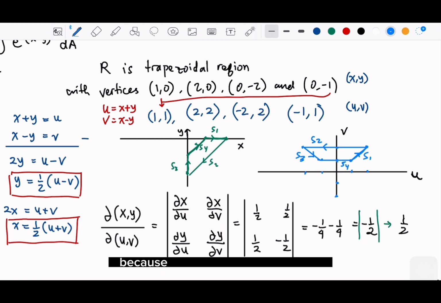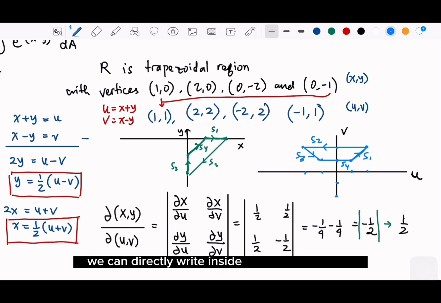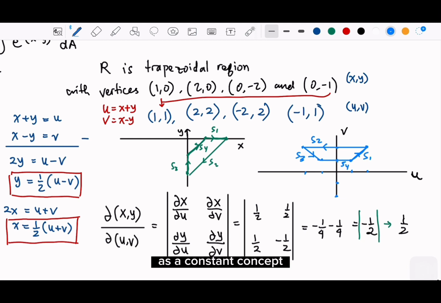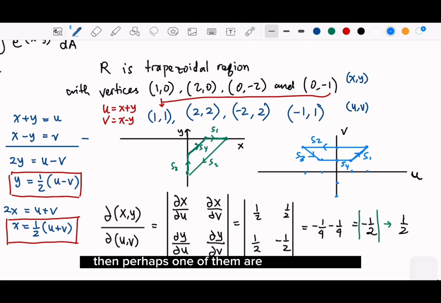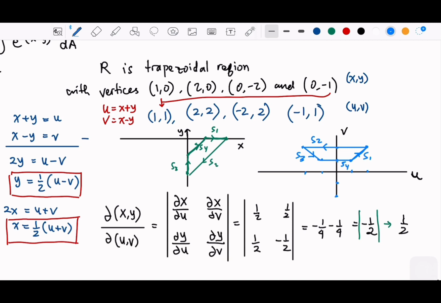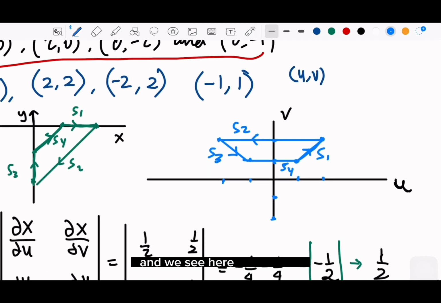Why do we need to do this? Because we want to make sure that if we can define this u or v as a constant, we can directly write it inside our double integral as a constant. But if we see something like this, then perhaps one of them are functions, right? And we see here, what is this? From the perspective of this graph, u and v, this is practically u equal v, right?